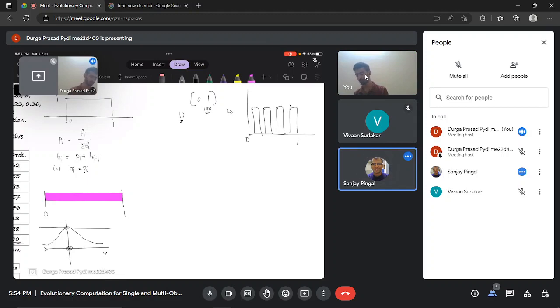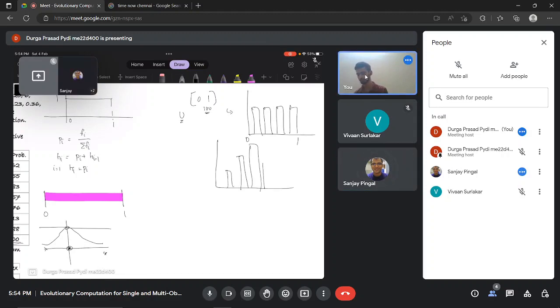But if I use a Gaussian distribution with mean 0.5, most of the values will occur around 0.5. Here also there is a variance. If your variance is 0, you get only one point: between 0 and 1, you get only 0.5. But in a uniform distribution you get other values also, like 0.2, 0.3, 0.4, and you get them a similar number of times each.